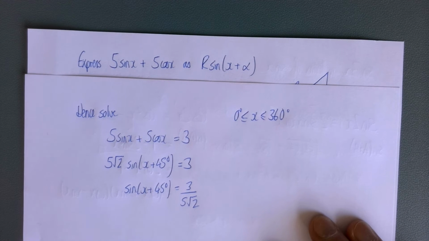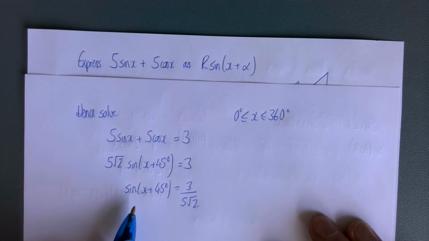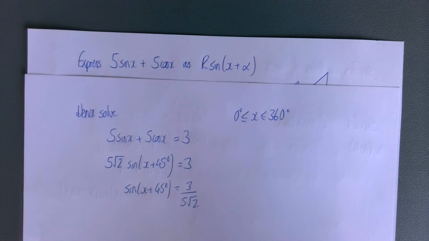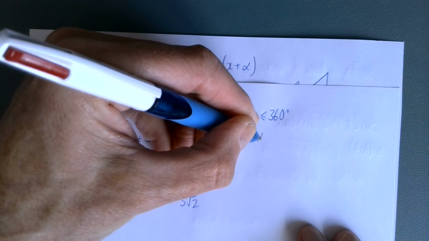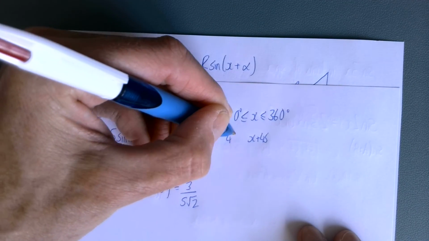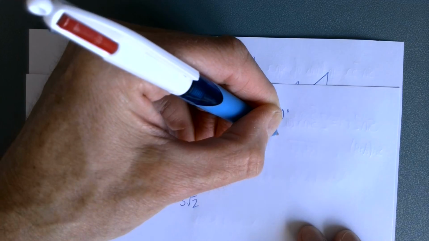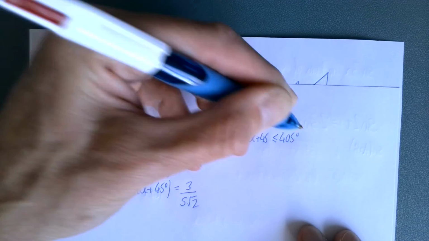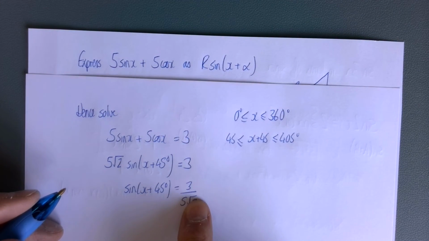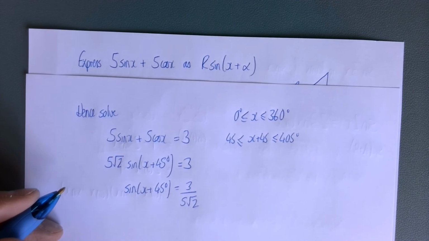This is where, and I know it's very last minute, but I've changed what I think we should do. I think we should use our graphical calculators to solve this. Now, if that's going to throw you, don't worry, just do what we've always done. We say, right, so if we're solving for x plus 45, we go a little bit further, and we do shift sine of that, find our solutions, and then subtract 45 from them.